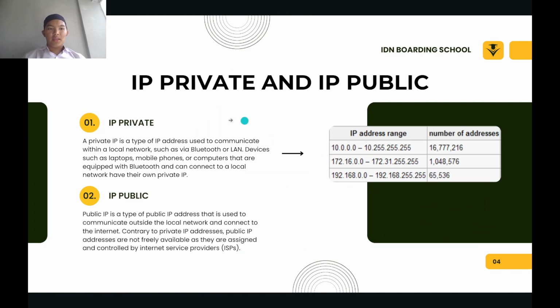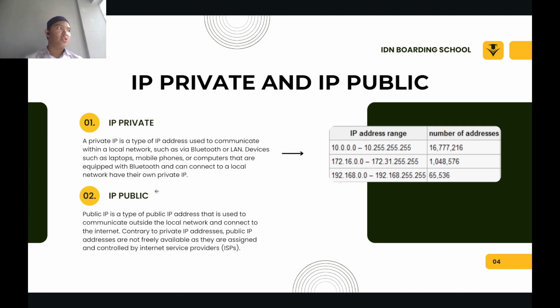Okay, next is private IP and public IP. This is another type of IP address. IP addresses are divided into two: private IP and public IP. The first is private IP. A private IP is a type of IP address used to communicate within a local network, such as via Bluetooth or LAN devices, such as a laptop, mobile phone, or computer that is equipped with Bluetooth and can connect to a local network, which has its own IP.